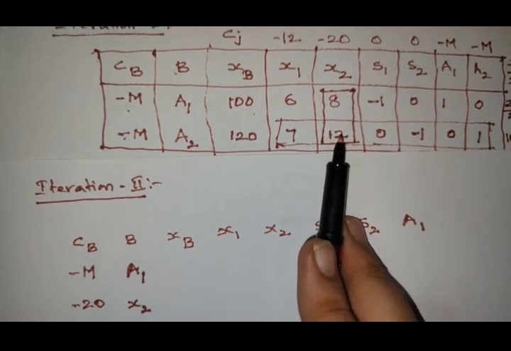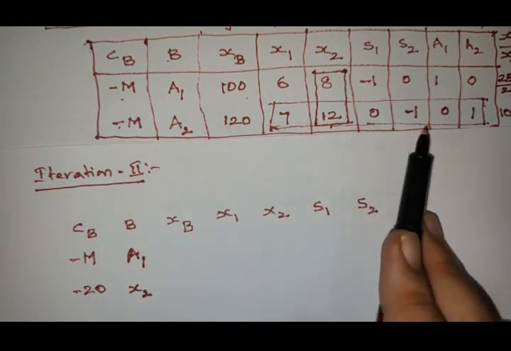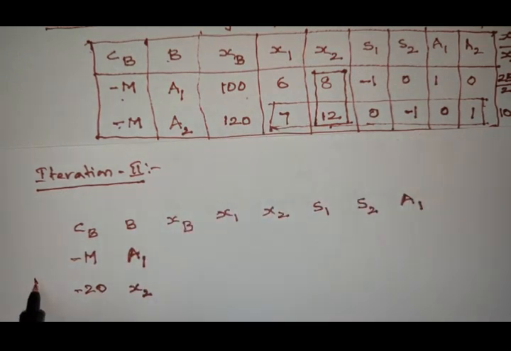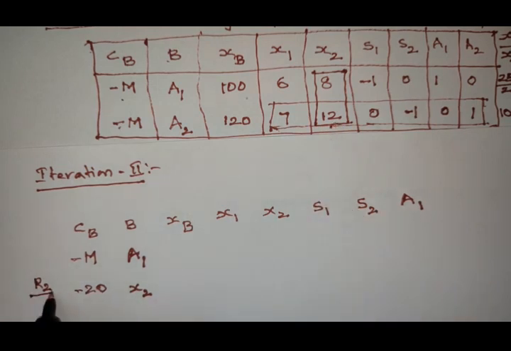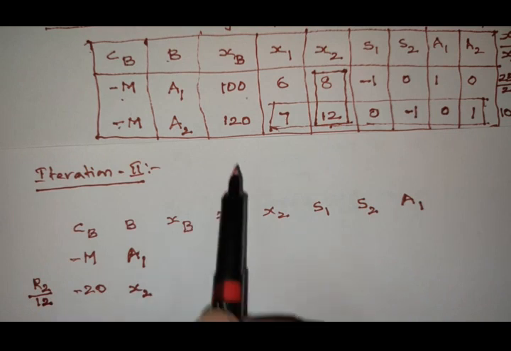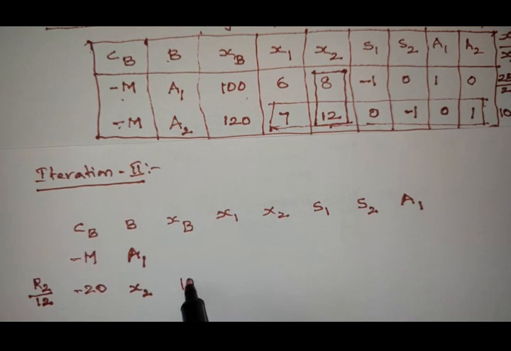This one is row 2, so I need to make this as 1. So I need to convert 12 to 1. If you divide this by 12, then we will get 1 here. So I am doing R2 by 12. If you do R2 by 12, then 120 by 12 will become 10.